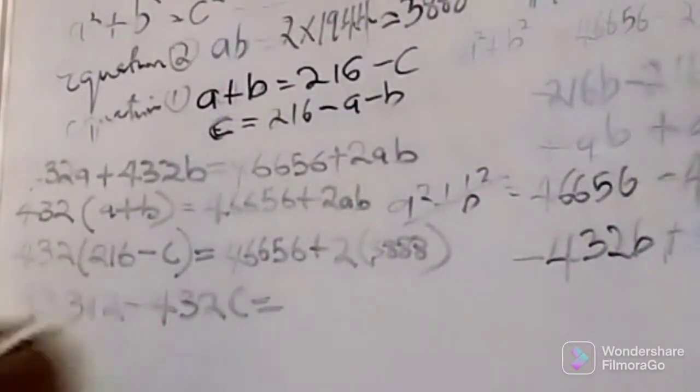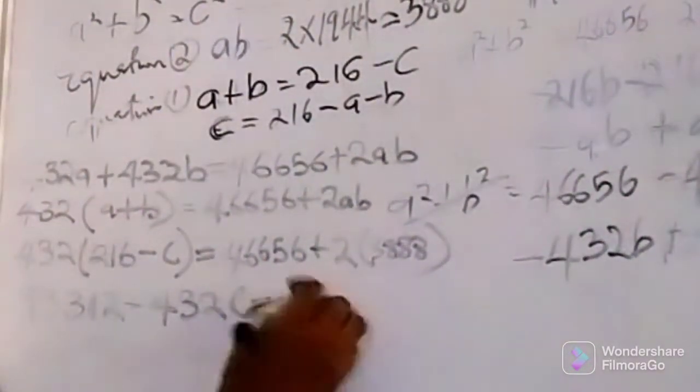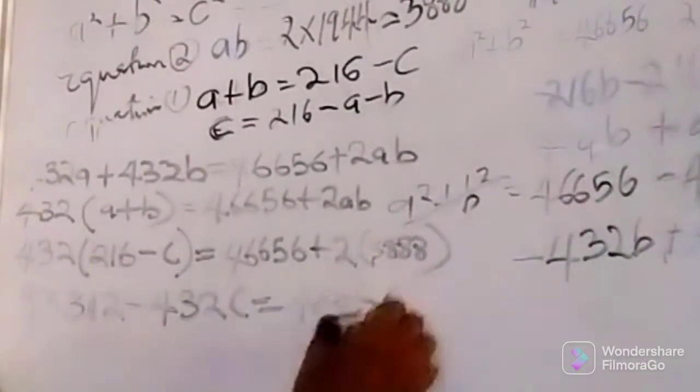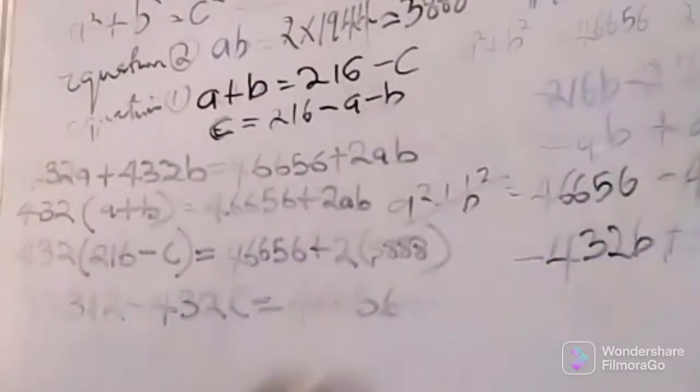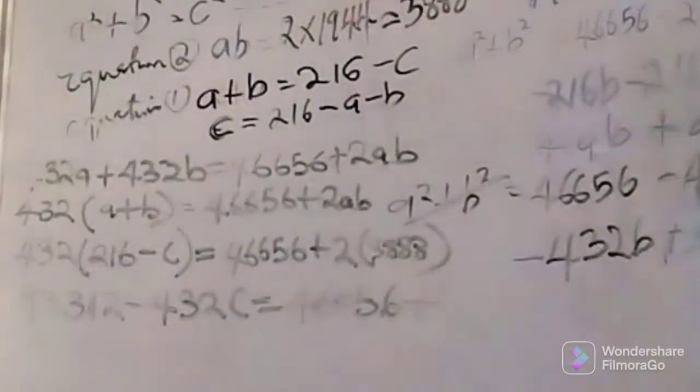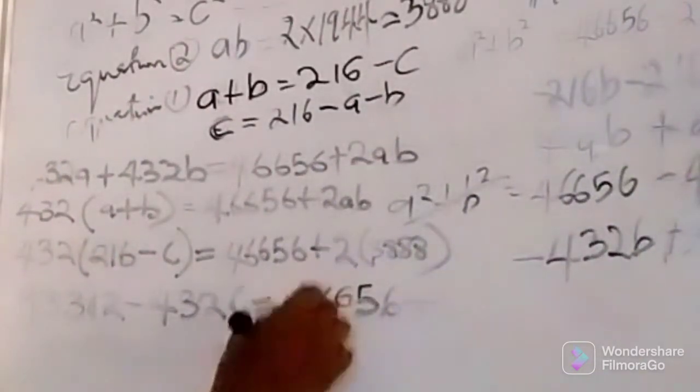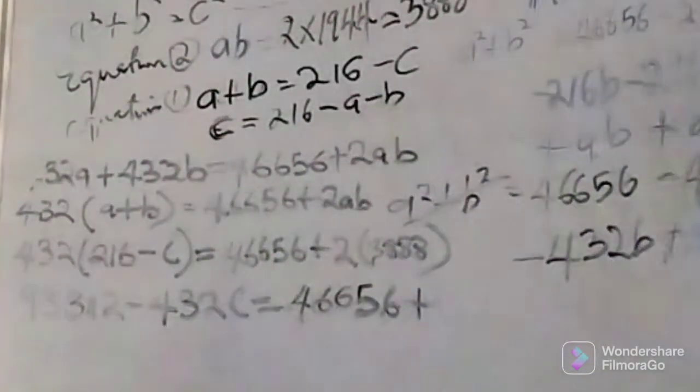So the other side will be 46656 plus 2 times 388. So 2 times 388 is what? 2 times 388 is equal to 776.